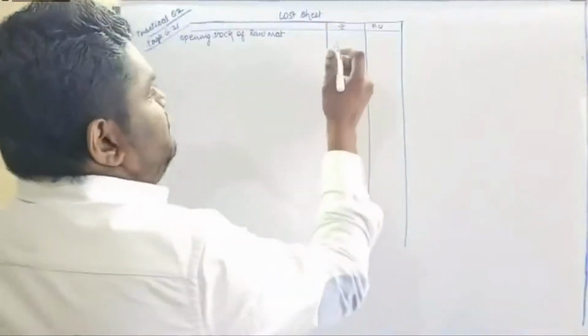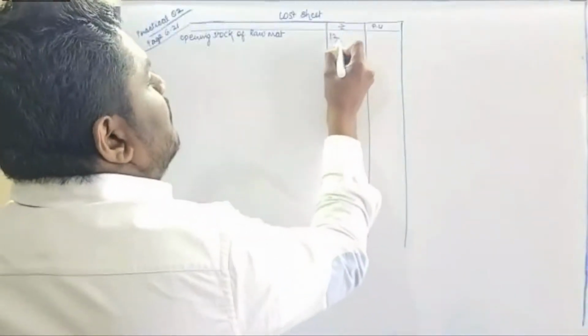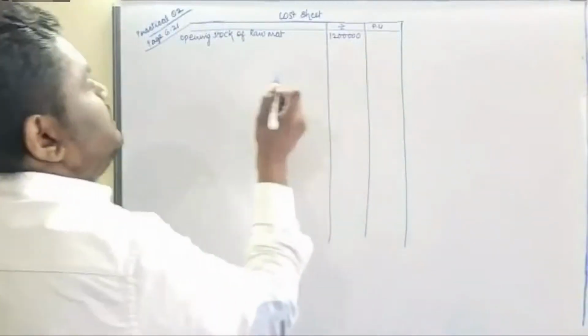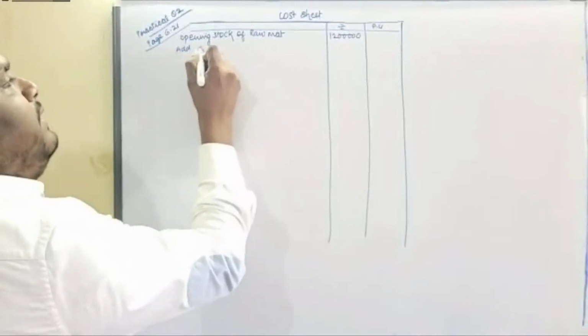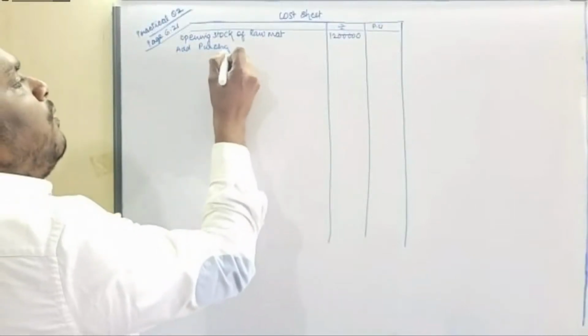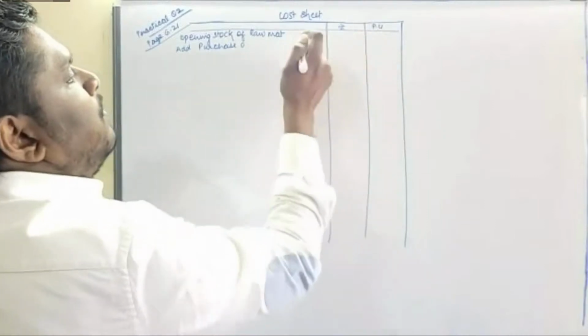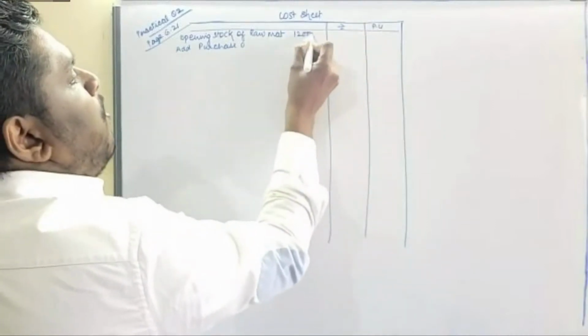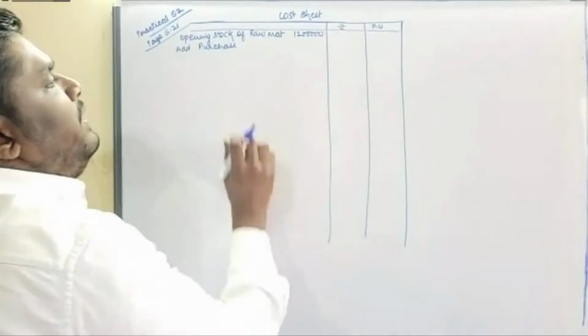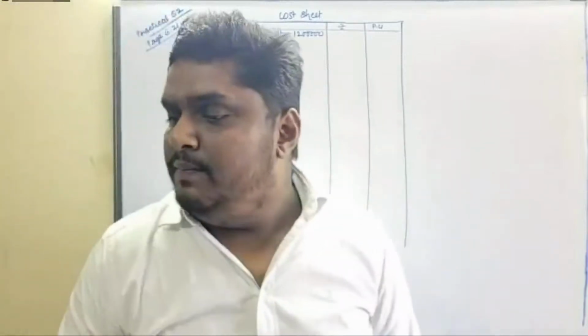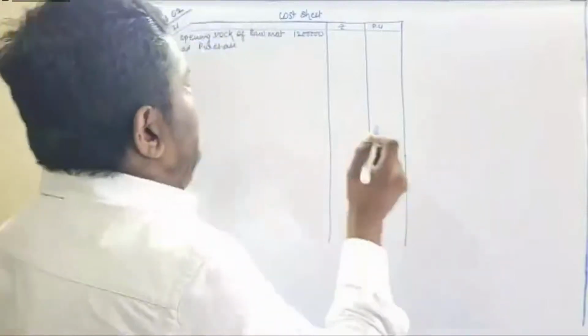Opening stock of raw material that is given in the question, that is 12 lakh. And next is purchase of raw material, that is 1 crore 44 lakh.